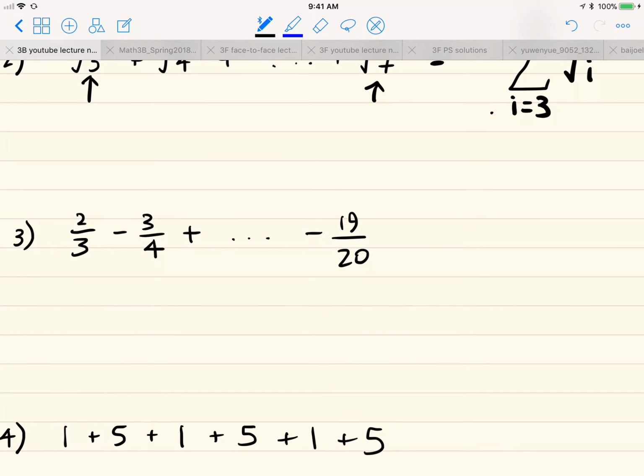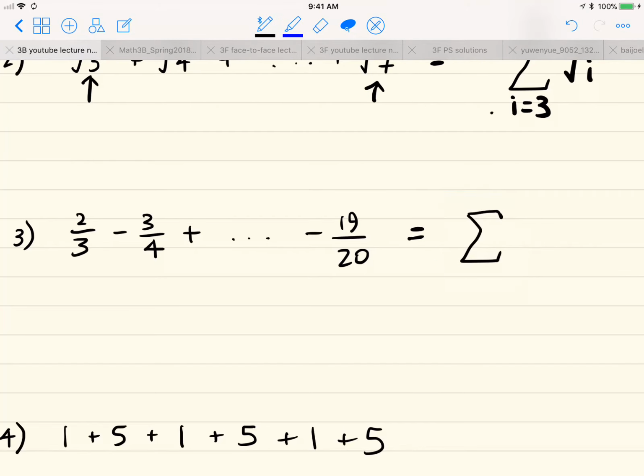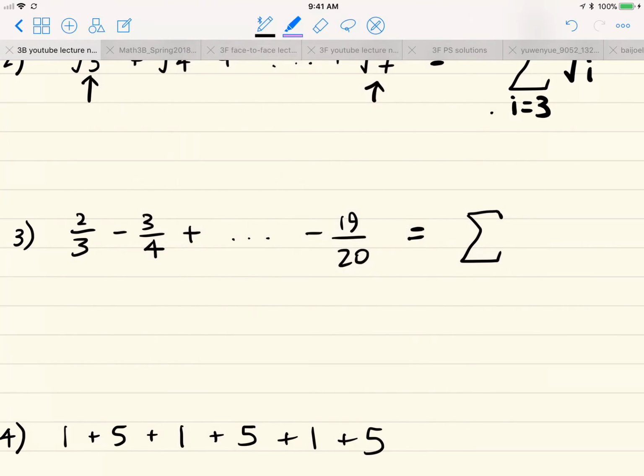Okay, now what about this one? This one is a little tricky because we go back and forth between subtracting and adding. So what are we adding and what are we subtracting? Well, here's where our pattern recognition comes into play. It looks like the pattern is 2 over 3, 3 over 4.